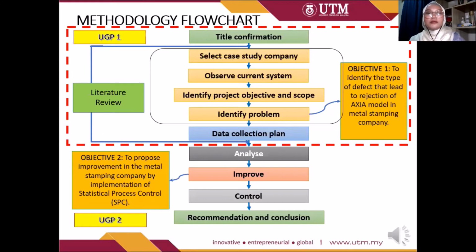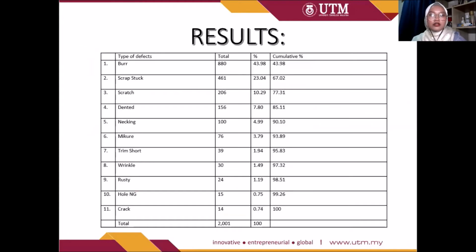So this is my methodology flowchart for the UGP1 and UGP2. I will share how I achieved these objectives. The first one is results. This is the result that I collected at the metal stamping company. As you can see, I ranked the types of defect to create the Pareto chart.